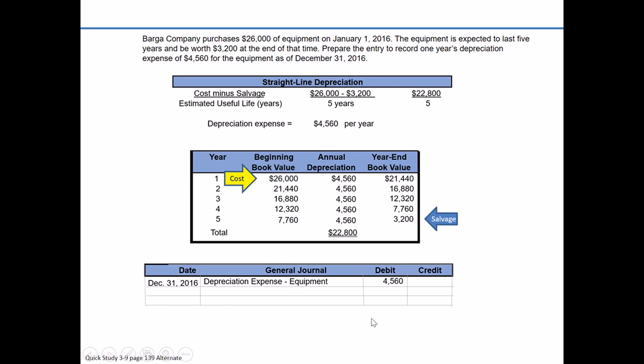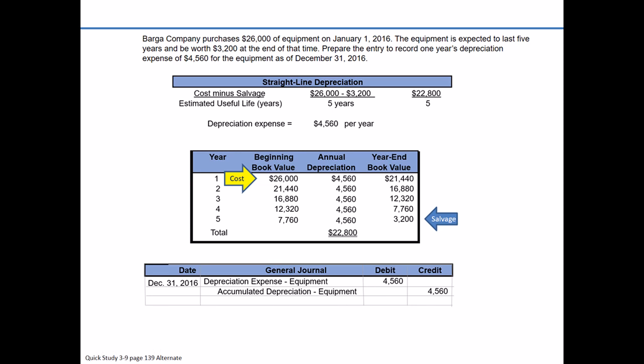Now, typically in these situations, we credit the asset account directly, whether it's supplies, prepaid rent, or prepaid insurance. And we're going to be a little bit different. Instead of crediting the asset account directly, equipment, we're going to credit a contra asset account. Yes, contra asset account, accumulated depreciation, equipment, for $4,560.